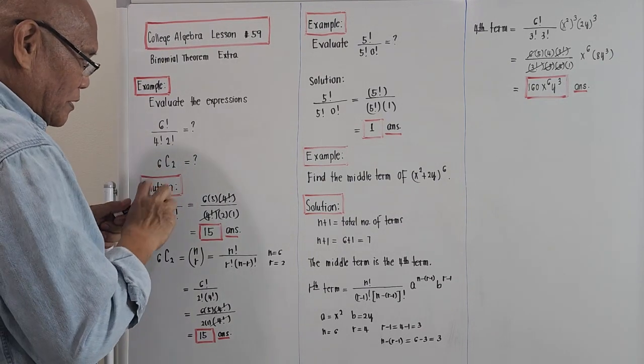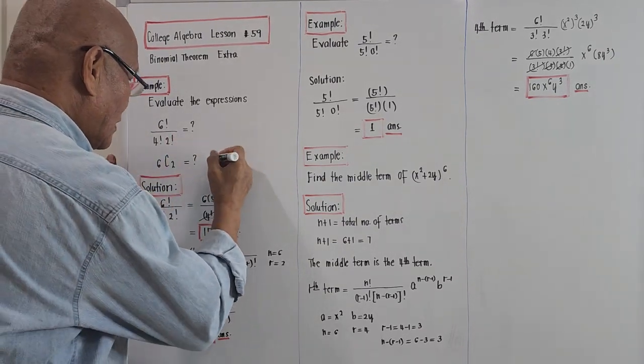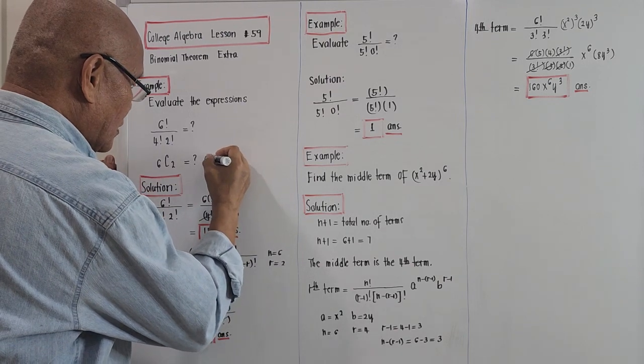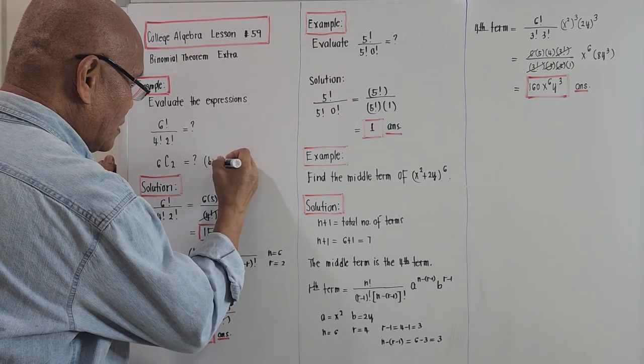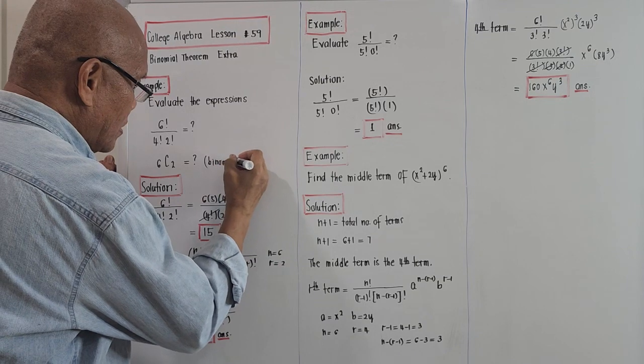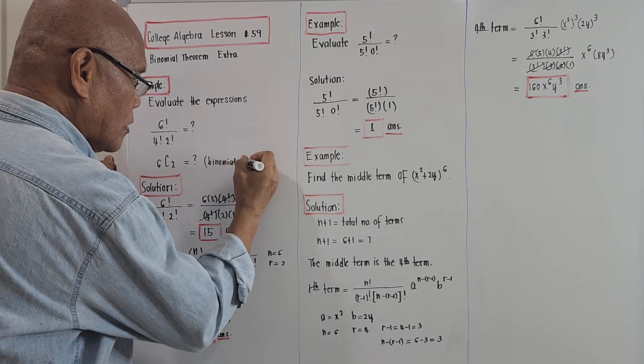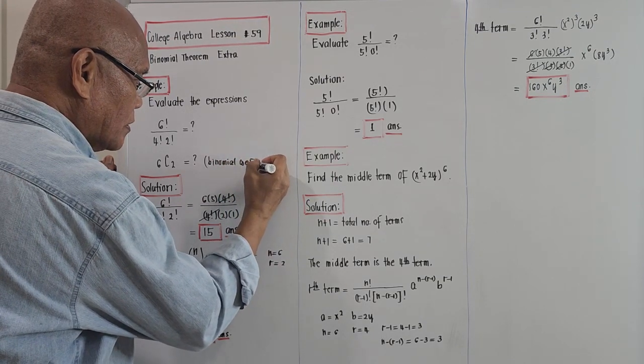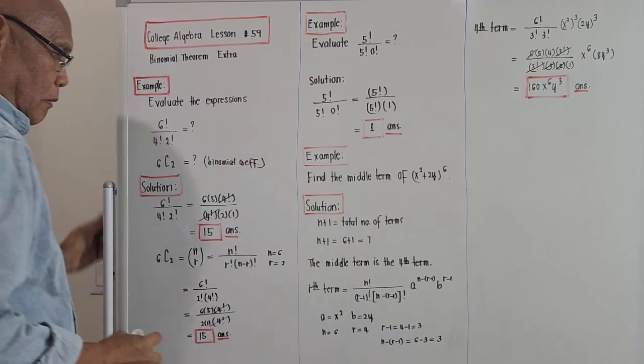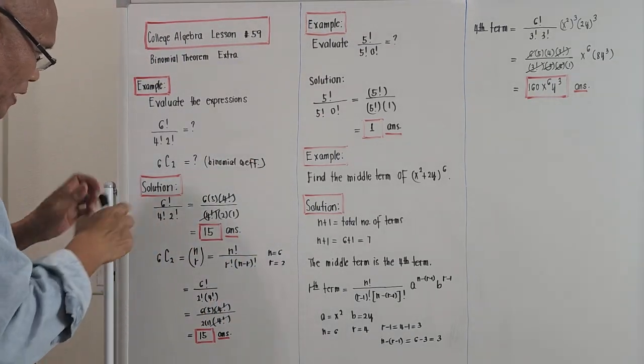This actually represents the so-called binomial coefficient.